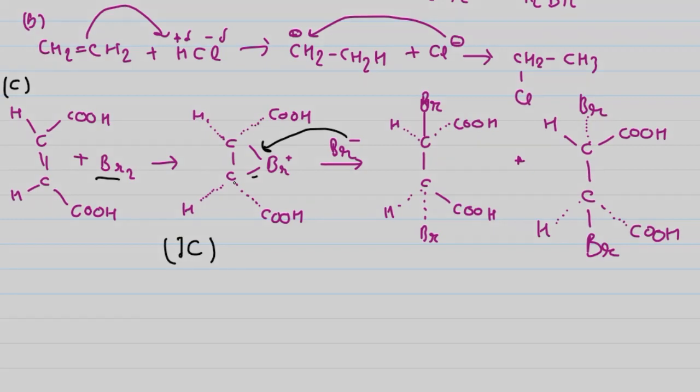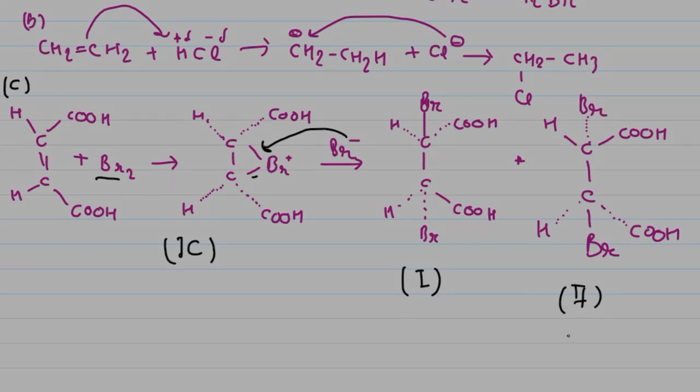A Walden inversion takes place at the carbon atom attacked. Since the bromonium ion is symmetrical, it can be anticipated that either carbon atom will be attacked with equal ease, forming first and second in equal amount. Both are equal amount.